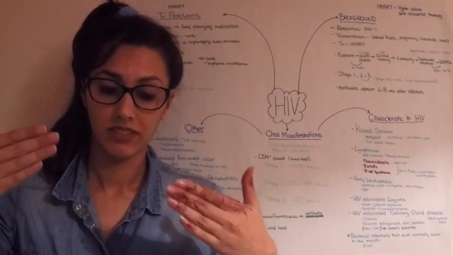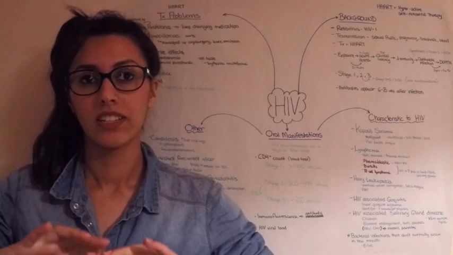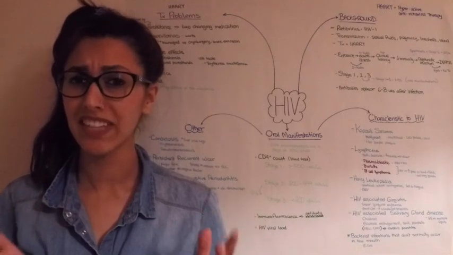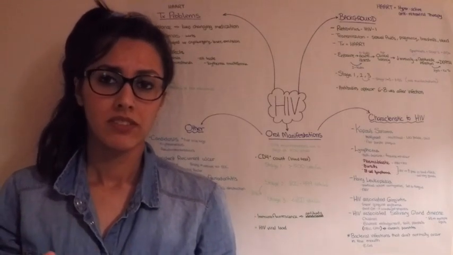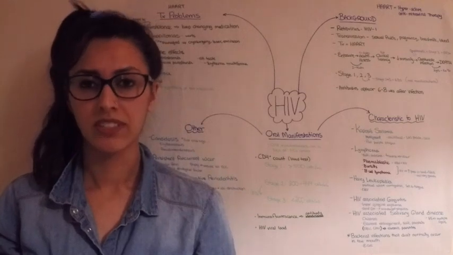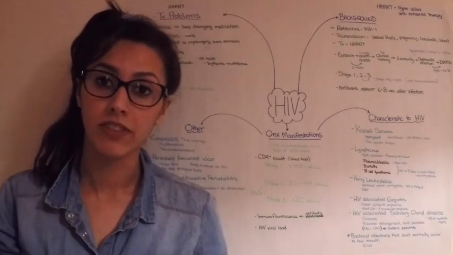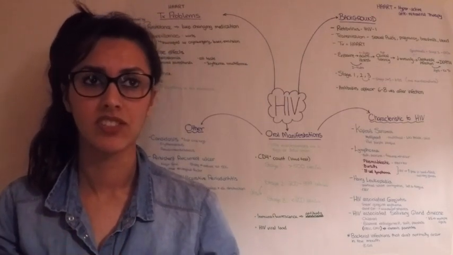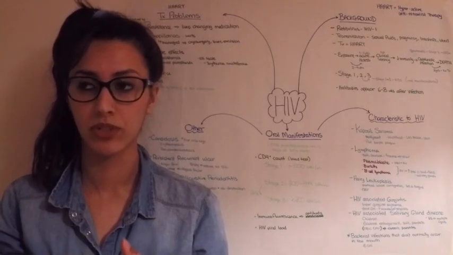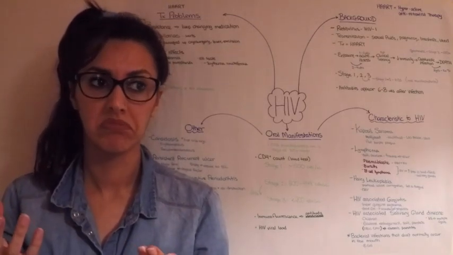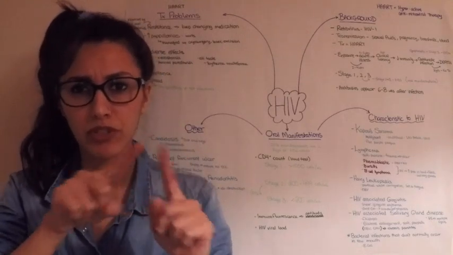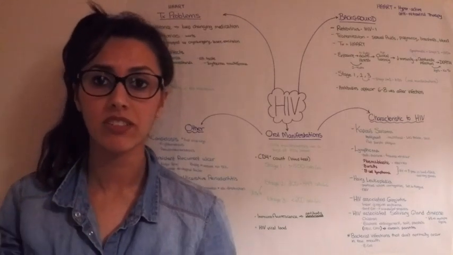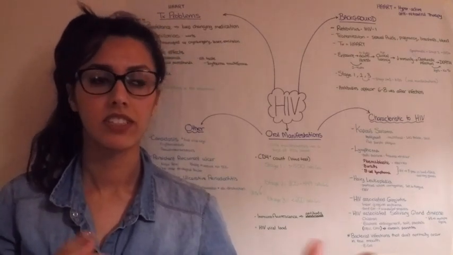So it attaches, and then it releases viral RNA into that T cell, the T helper cell, and a few other proteins that then go and attack the nucleus of that T lymphocyte, and then mutate the DNA essentially, and then you end up with this T lymphocyte producing viral DNA. I think it's DNA. So they use reverse transcriptase, turn RNA into DNA, and make this viral DNA, which then is transported outside and can go and affect other T lymphocytes.